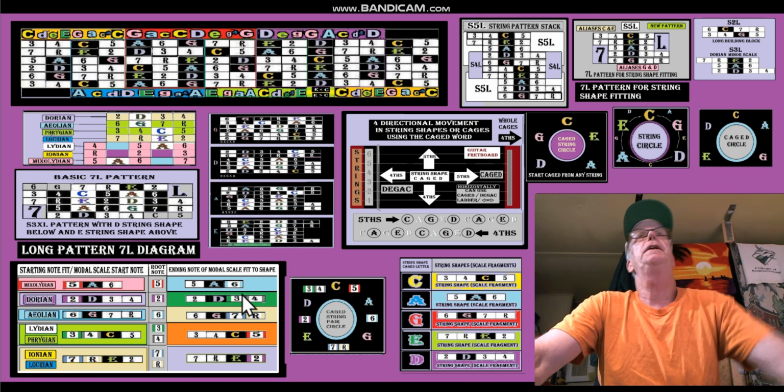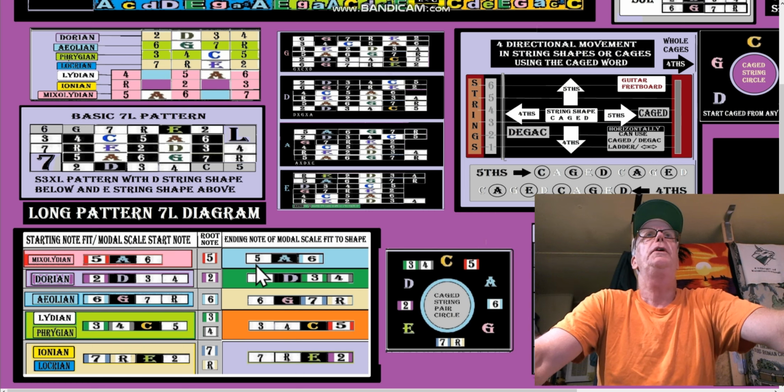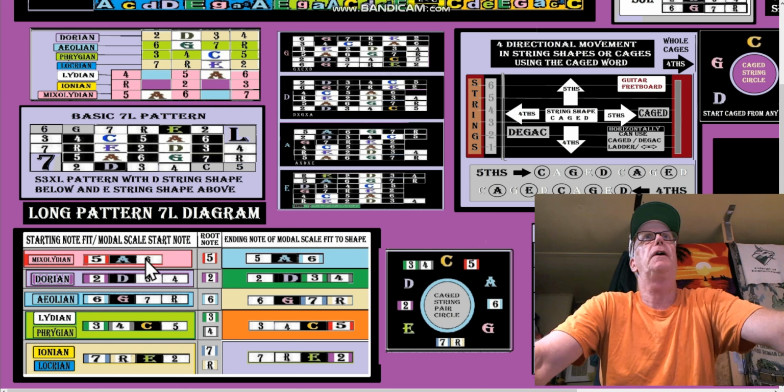The note targeting is easy. It just means which string shapes are going to contain which notes. We know that the string shapes are: E is 7, root, 2; C is 3, 4, 5; G is 6, 7, root; D is 2, 3, 4; and A is 5, 6.